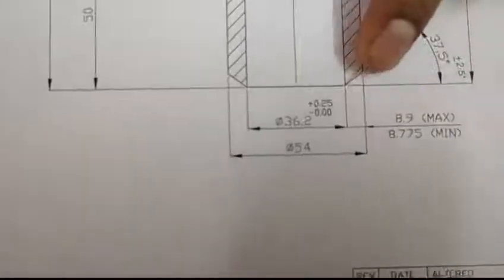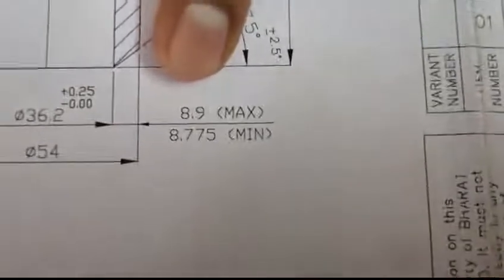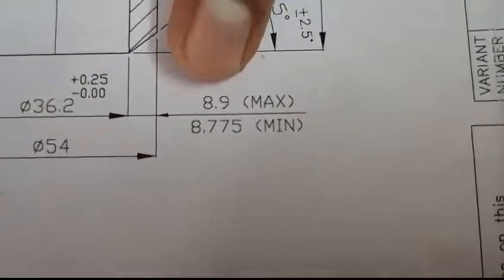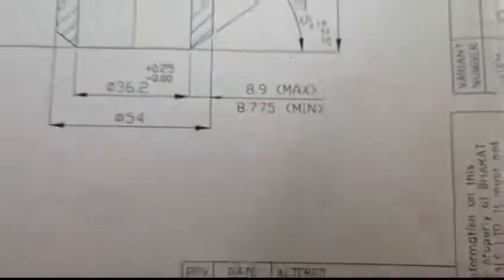Okay. See minimum side of wall thickness. Here it is as per drawing. It should be 8.9. This is the maximum, and minimum thickness is 8.775. So that is as per drawing.